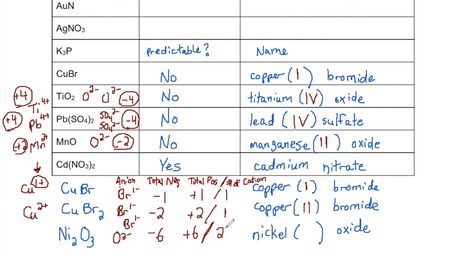So if the +6 charge is carried by 2 nickel atoms, each of these nickel atoms must have a +3. So we have 2 nickel atoms with +3 each. We have 3 oxide ions with -2 each, and so that is how it is balanced out. Since +3 is the charge, we call this cation nickel 3. So this compound would be nickel 3 oxide.